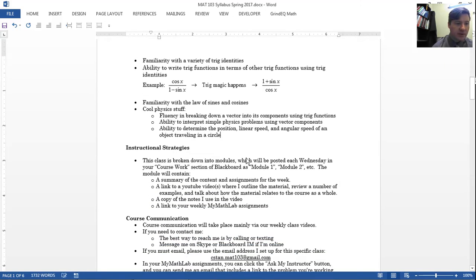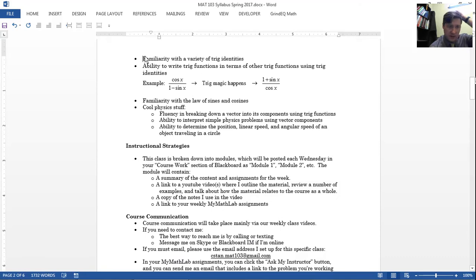Finding the nodes, finding the period, finding the amplitude, finding the phase shift. I don't know if you've ever heard those words, but they're all really important for these applications. And you can see this graphically, so we'll talk about that.